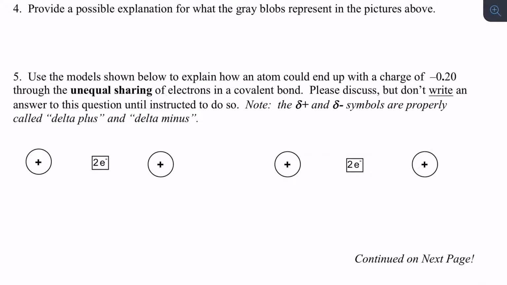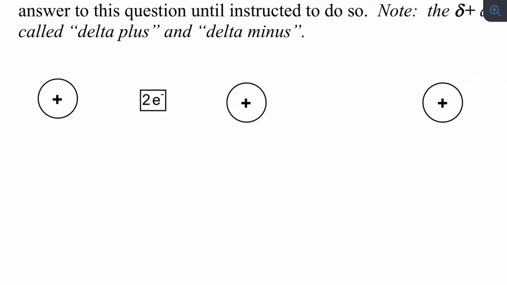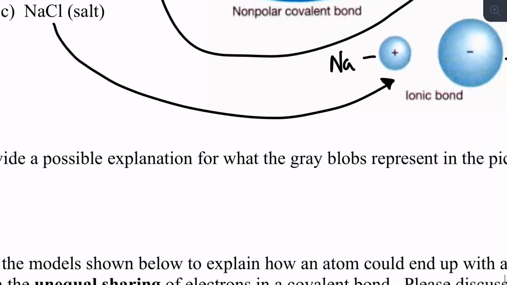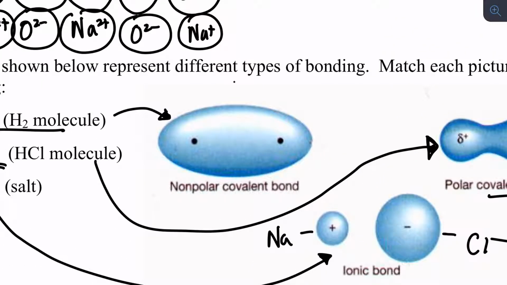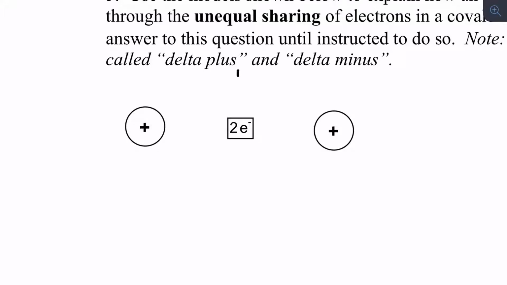Okay. Use the models shown below to explain how an atom can end up with a charge of minus 0.20 through the unequal sharing of electrons in a covalent bond. So we're going to look at this in 2 different ways. Let's start with one where we are equally sharing our electrons. Like this picture, we can imagine that the electrons are kind of evenly shared in the middle of these 2 nuclei. So I'm going to draw a little dashed line down here that represents the middle of our 2 nuclei.